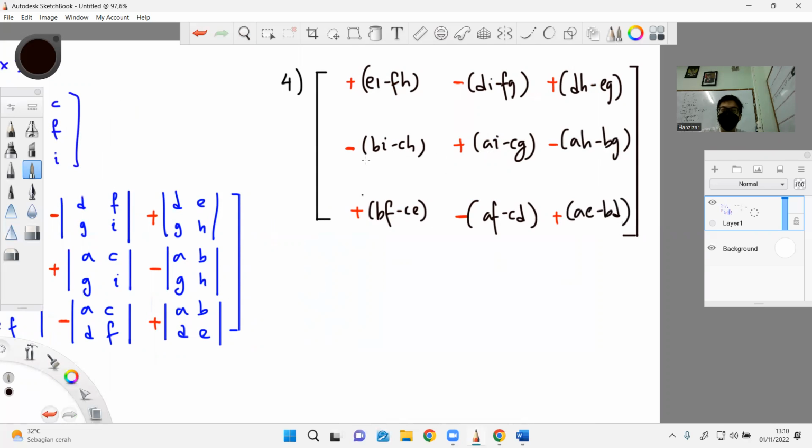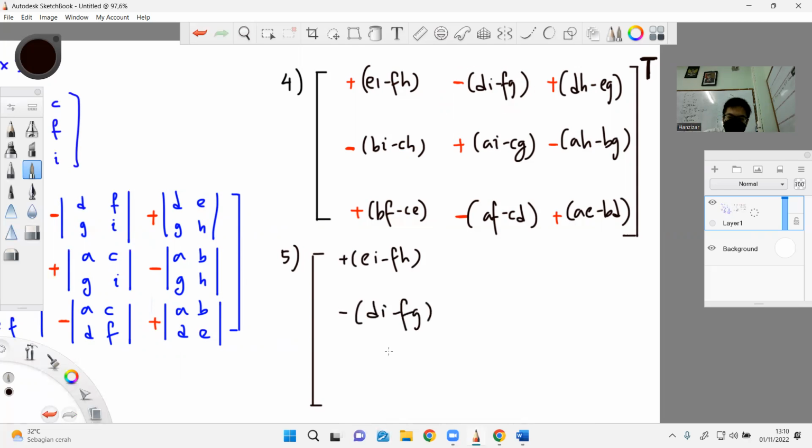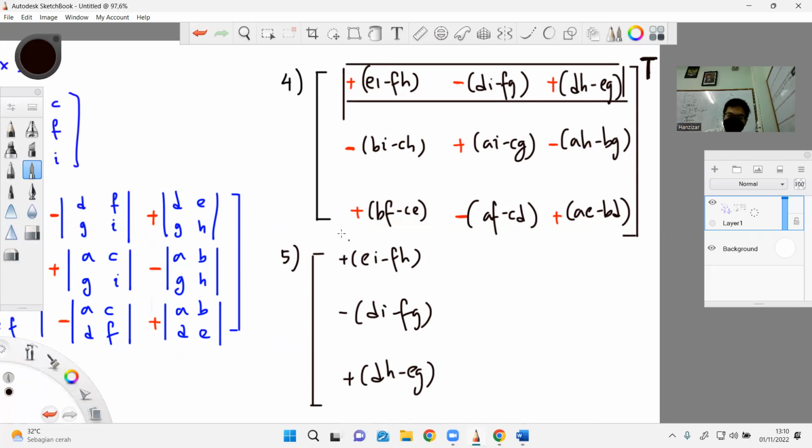And then what to do? You find the adjoint by doing the transpose. So you will switch. Oh man, oh boy, it's very complicated. E I minus F H going down by this. E I minus F G going down, D H minus E G, right? You flip the row to become the column. See?